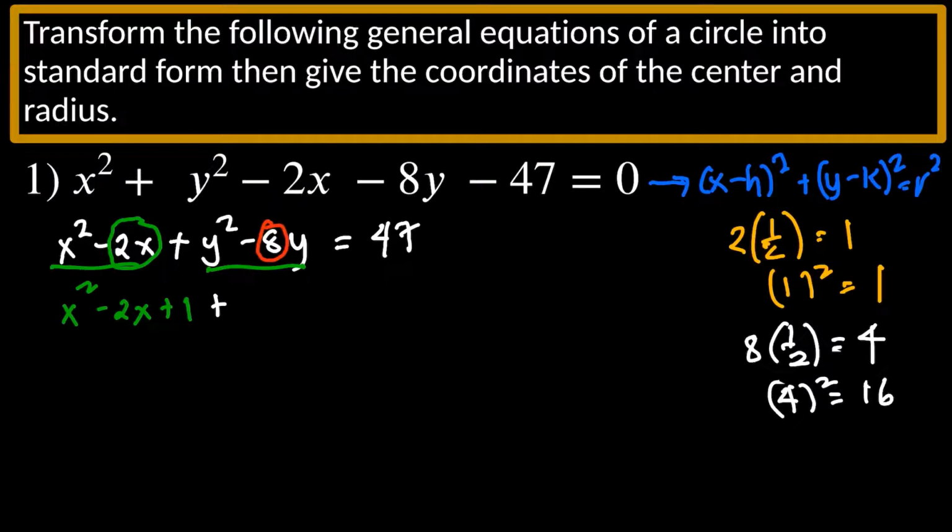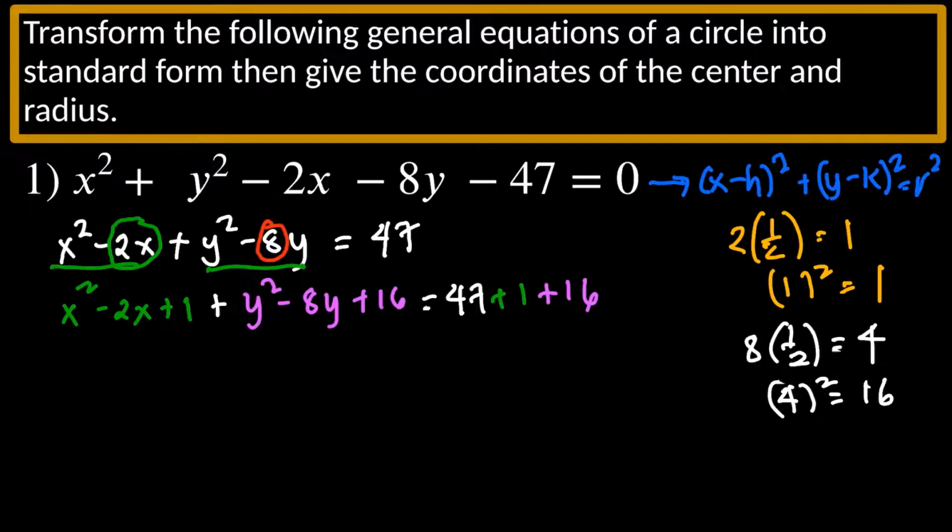So we can write this as y squared minus 8y plus 16 equals 47 plus 1 plus 16. So what did you notice? We added 1 and 16 also to the right side to make the equation still equal.